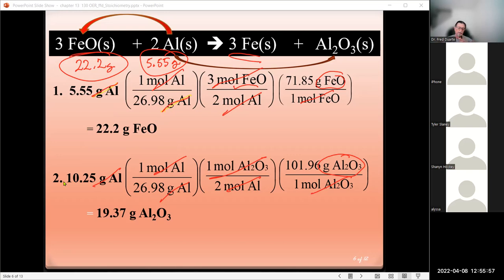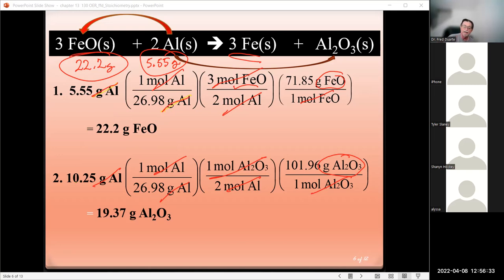But for that amount, you're probably going to need almost twice. See, if you started off with 10.25 grams of aluminum, in question number 1, you were at 5.55, which is about twice that. You're probably going to need around 44-ish grams of iron(III) oxide. Anyway, you'll have 10.25 grams of aluminum. You run the reaction, and when you're done, you should have 19.35 grams of aluminum oxide.